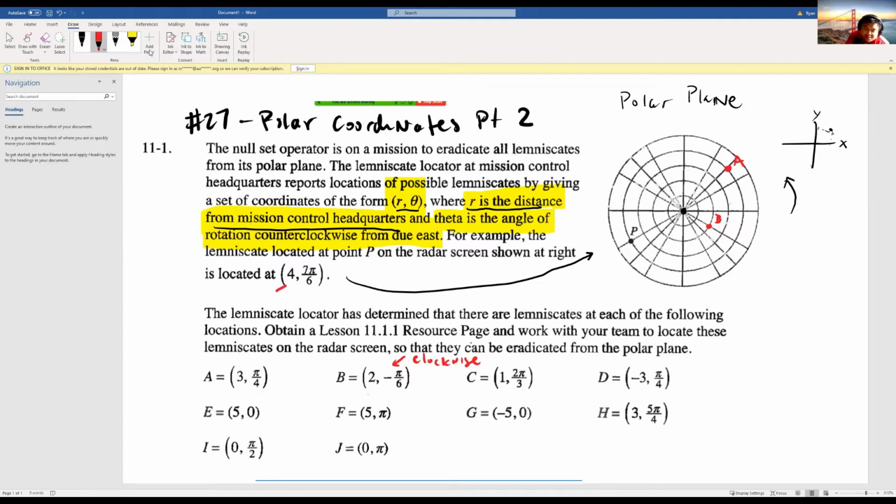So rotate clockwise, and this is walk forward or move forward. C is (1/2, pi/3).